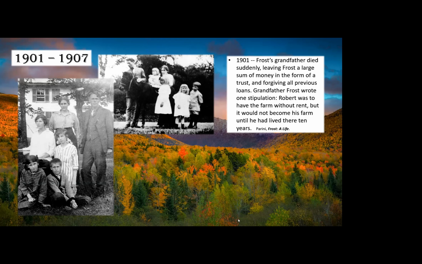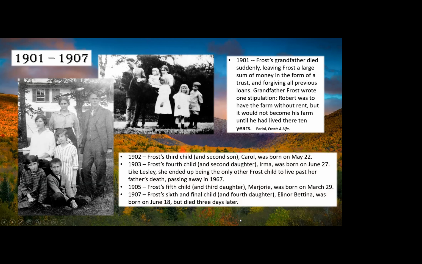In 1902, Frost's third child and second son, Carol, was born. The fourth child and second daughter, Irma, was born in 1903. And like Leslie, she ended up being the only other Frost child to live past her father's death, passing away in 1967. We'll talk more about her in a while.